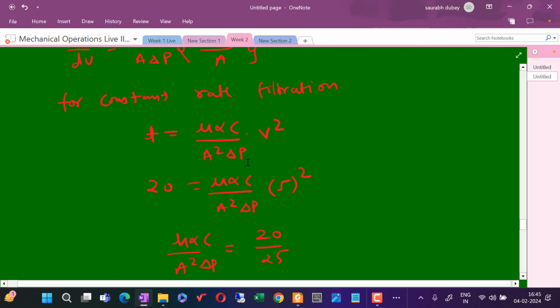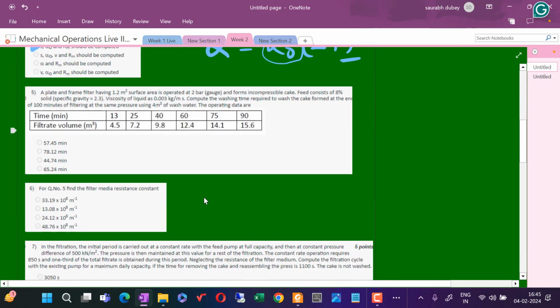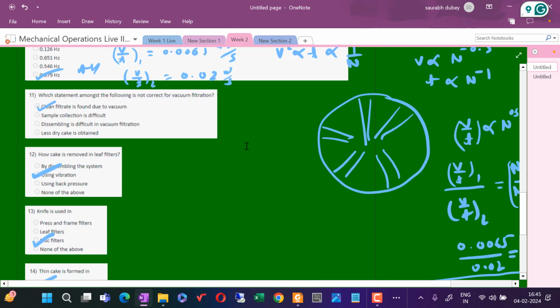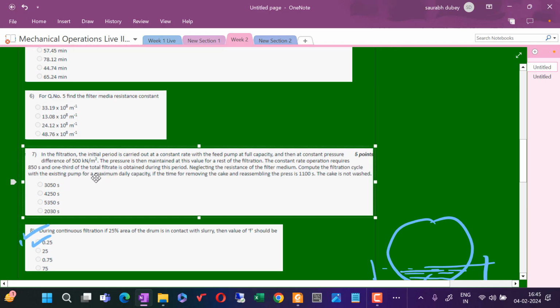And now let us look at the problem of this one, which is here. This says in a filtration the initial period is carried out at the constant rate, with the feed pump at full capacity, and then at constant pressure.